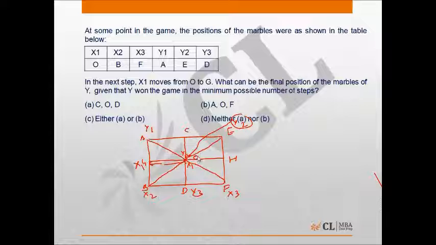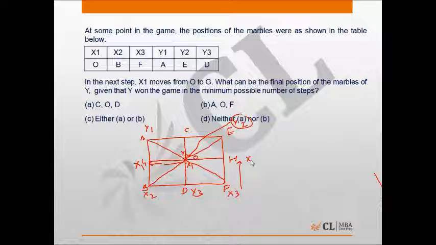Now after this movement, X cannot move marble X1 as he has already moved this marble in the previous step, and X2 can also not be moved by X as all the positions where it can be moved, like D, G and O, are occupied by marbles already. So the only movement that X can make is moving marble X3 from F to H.